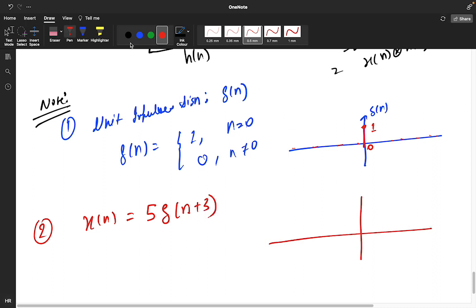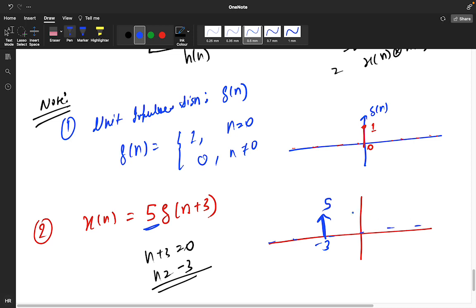N plus 3 equated with 0 gives n equals minus 3, so the delta function operates at minus 3. At minus 3 you get the value 5, and the rest are 0.